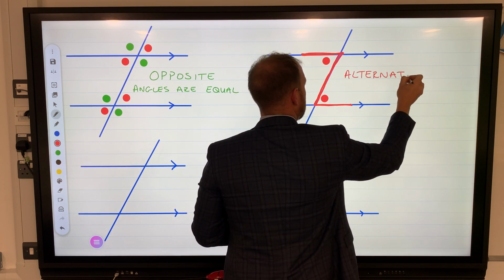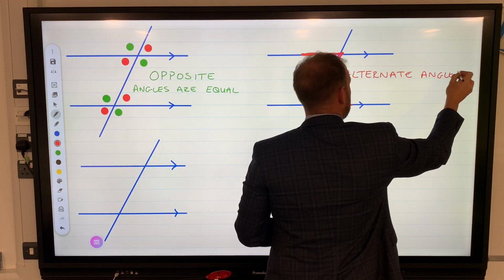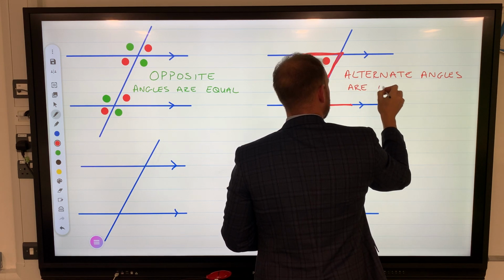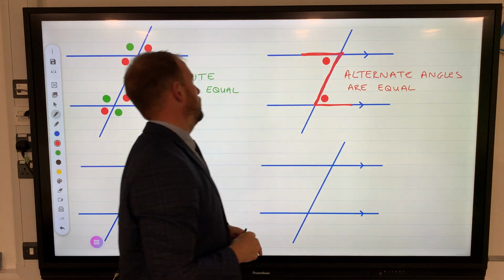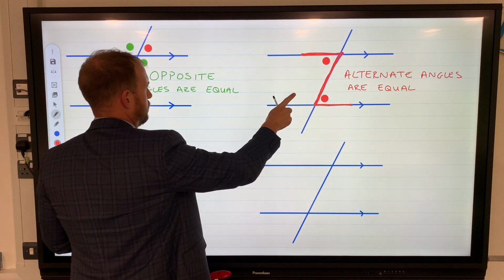Alternate angles are equal. So that's another rule. So we've got opposite angles are equal, and we know alternate angles are equal.